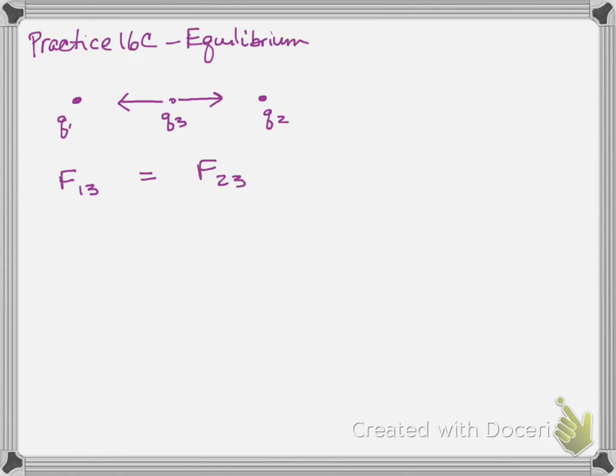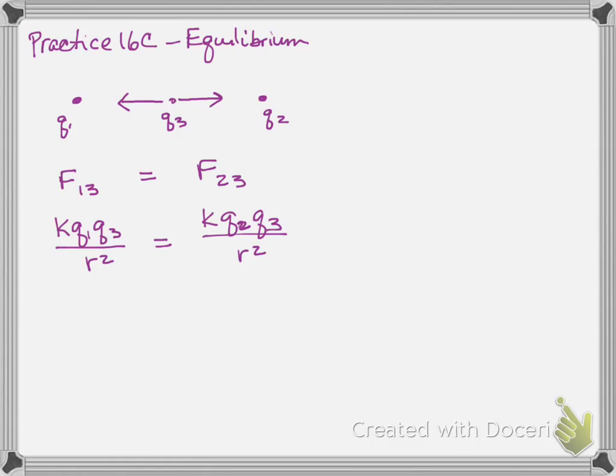And when we go to calculate the force, what's the magic equation? We've just been doing it for like 2 days. K Q1 Q3 over R squared equals K Q2 Q3 over R squared.